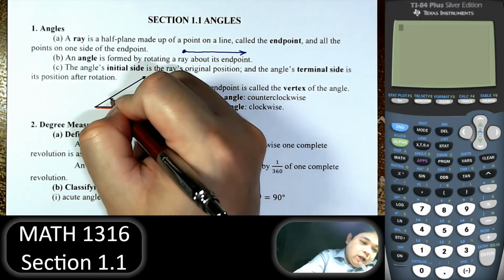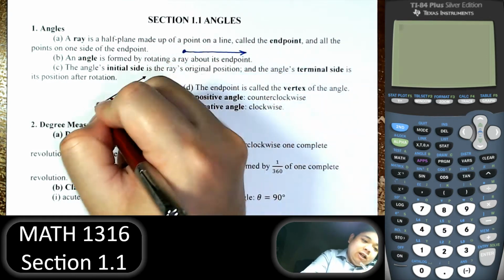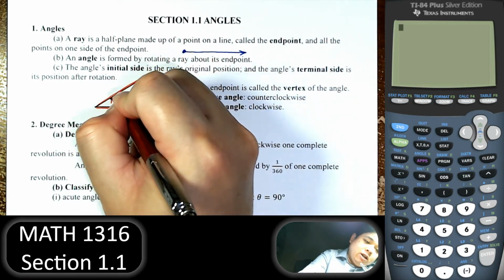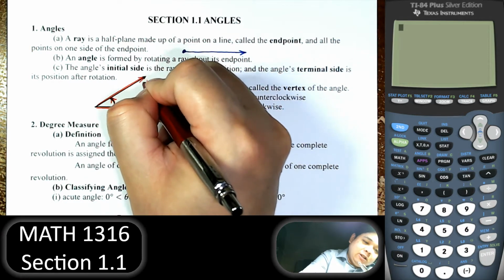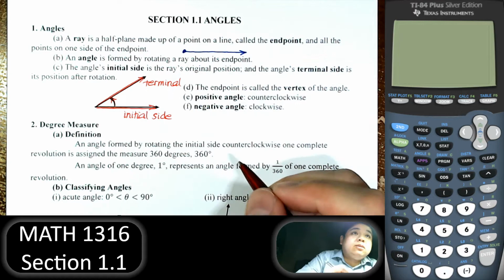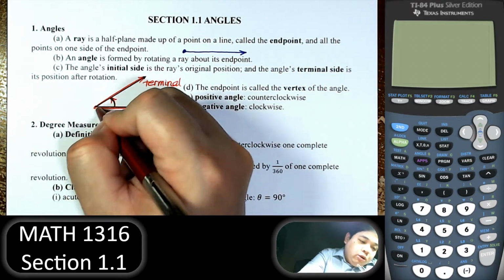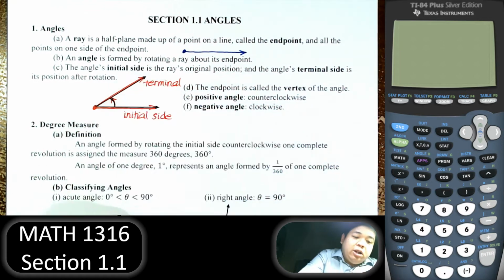And when we rotate it through an angle, that gives us the terminal side. The common end point is called the vertex.